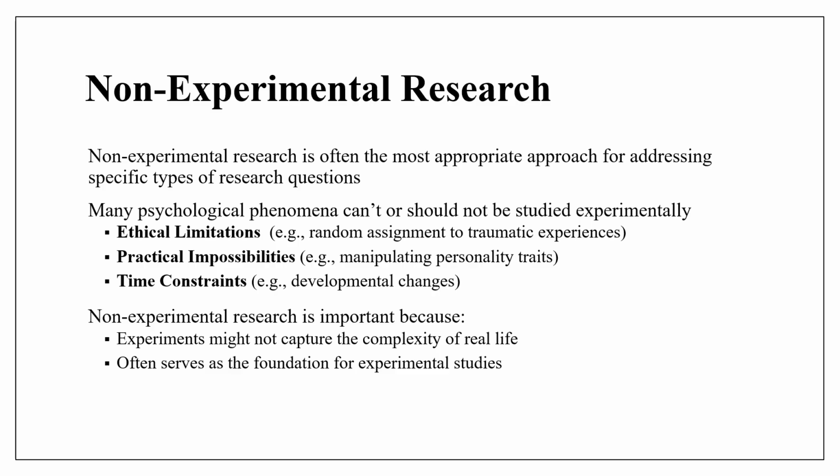Now, among some of the reasons why experiments are sometimes just not ideal are considerations like ethical limitations. When it comes to things like traumatic experiences, this is not something where we can tell participants, well, you're going to be in an abusive relationship and you're not going to be in an abusive relationship, and then we're going to compare your mental health at the end of 6 months.